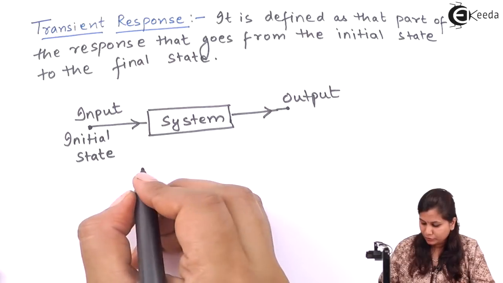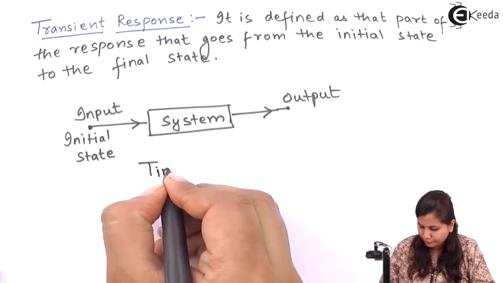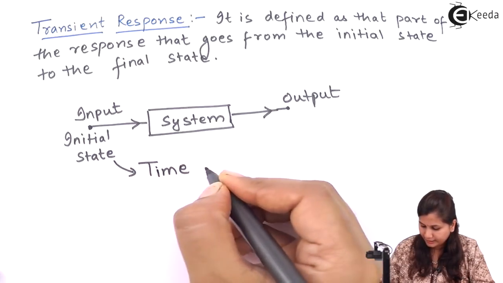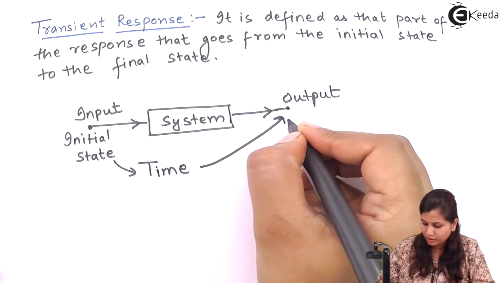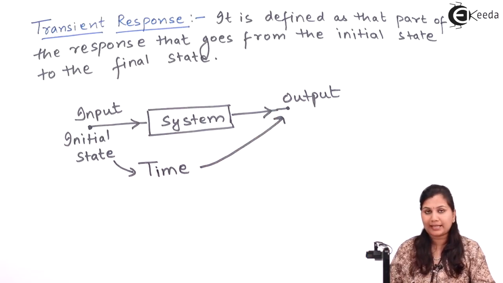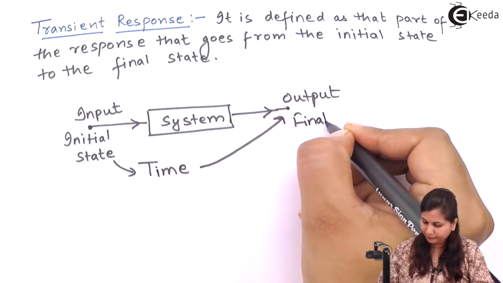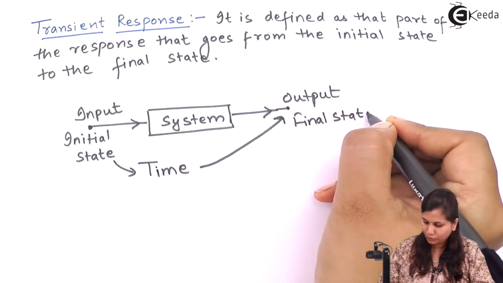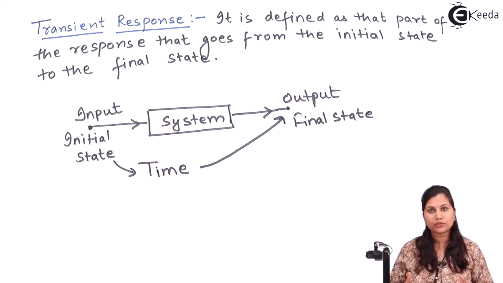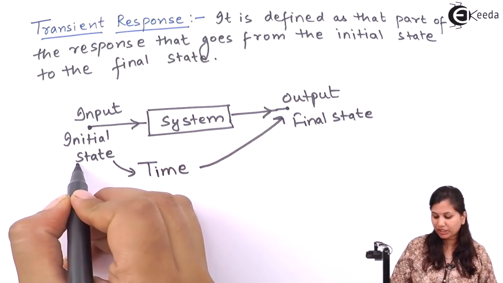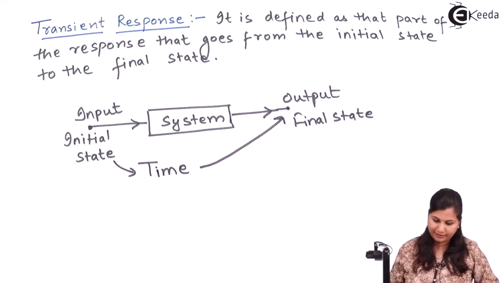Time starts from the initial state and goes up to when the system has attained its final state. So it is that response of the system which goes from the initial state to the final state.